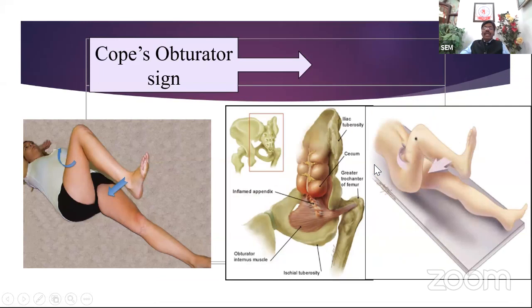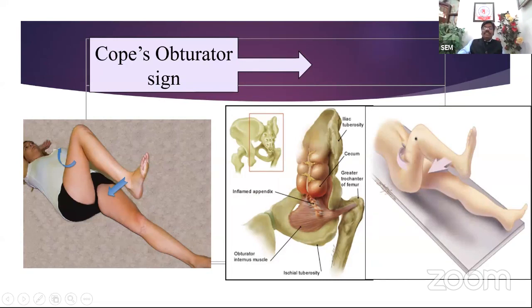Okay. Last sign you should remember is Cope's obturator sign. What is obturator sign? The pelvic appendicitis. Patient may have a hanging pelvic appendix like this, and it causes inflammation around the obturator internus muscle.